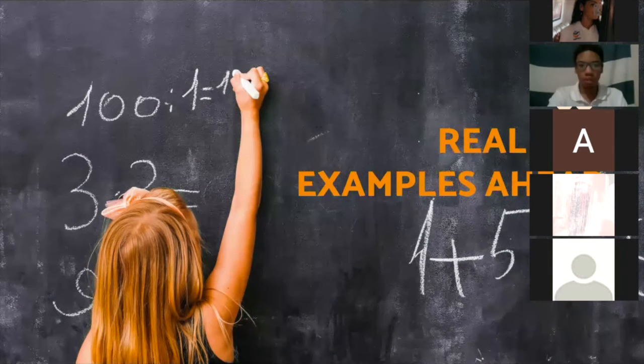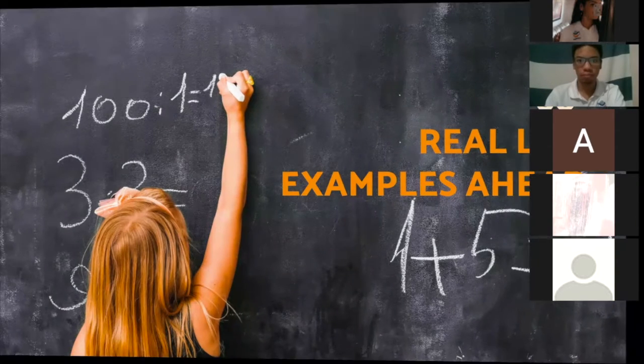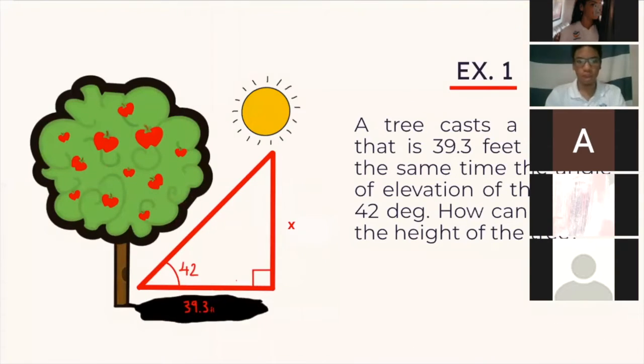Now I'm going to explain 2 exercises involving trigonometry in real-world problems. Okay, the first step is to identify what the exercise is asking me to find. In this case, the exercise is asking me to find the height of that tree. So the value that we have to find is this one, located in the opposite side.